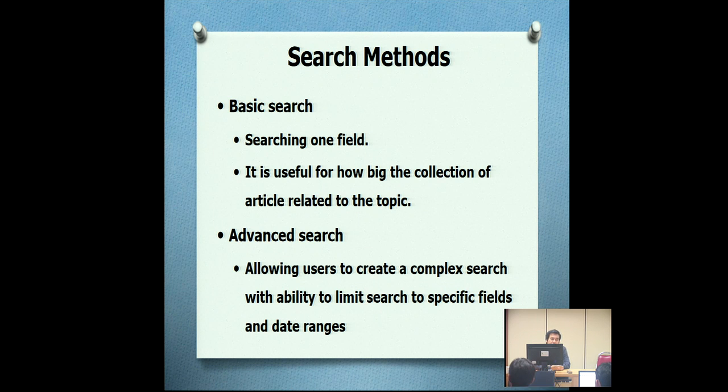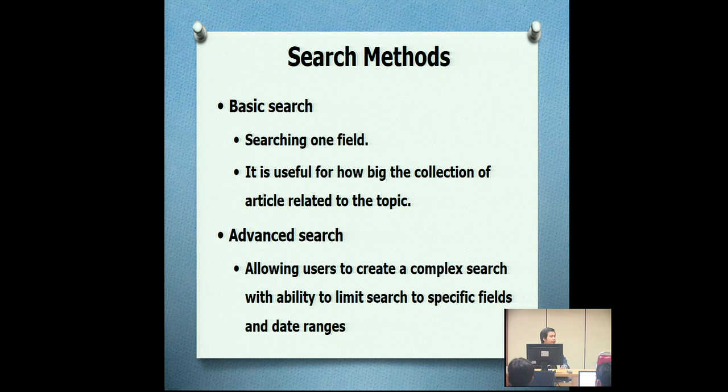The basic search is very easy. They provide only a single search box, so you can search any fields. Just type the keywords. It is used to see how big the collection is related to your topic. So you get many results if you start with basic search.